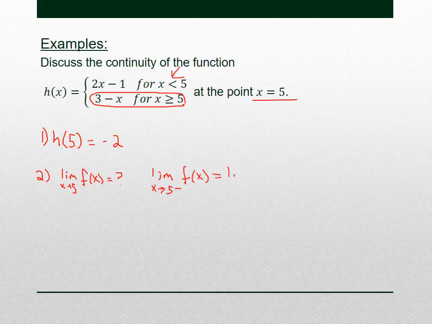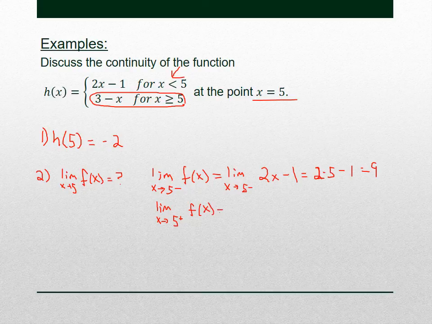So this is the same thing as the limit as x approaches 5 from the left of 2x minus 1, and that is 2 times 5, we substitute in x equals 5, minus 1, and that's 9. So the limit from the left was 9. What about the limit from the right? The limit as x approaches 5 from the right of f of x.